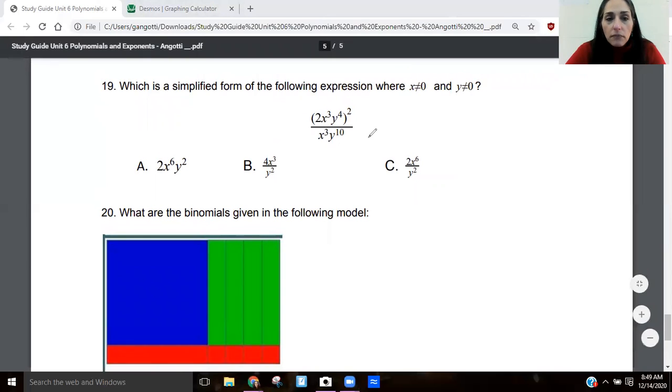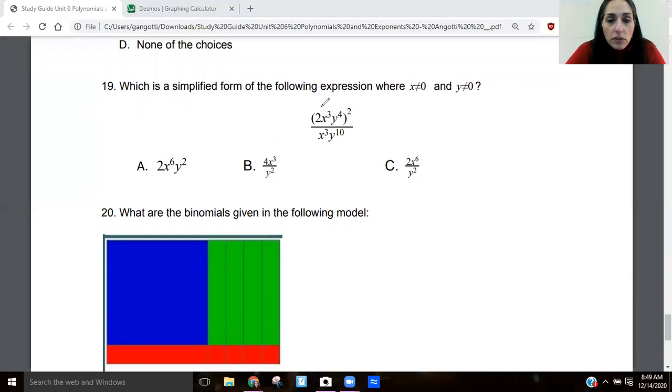So let's do it. So remember, there's a little 1 right here. So 1 times 2, 3 times 2, 4 times 2. So this will be 2 squared x to the 6th power.